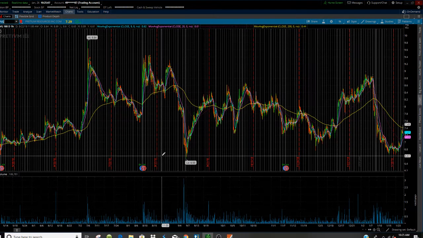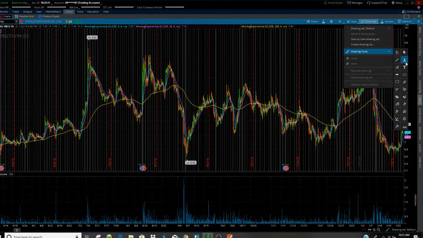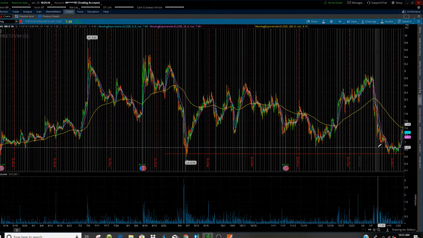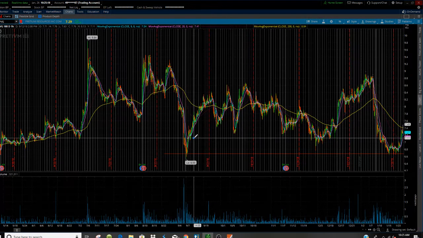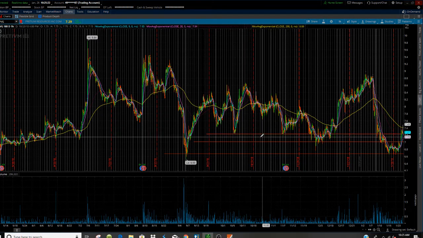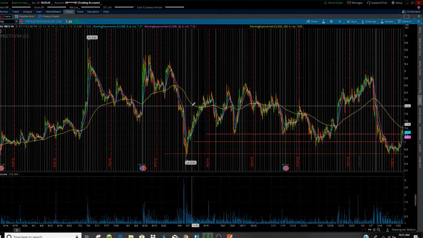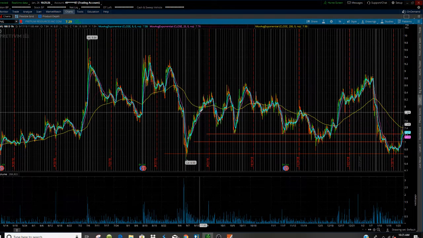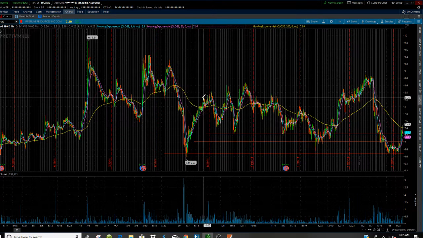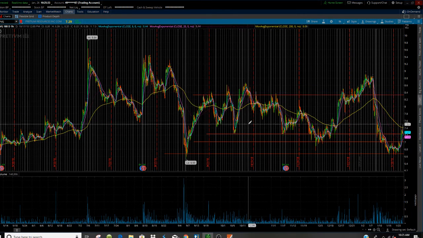Okay, so now here's what we're going to do. We're going to mark all these support levels. So there's a support level here, support level here, and then resistance in here. There's just resistance in this range.